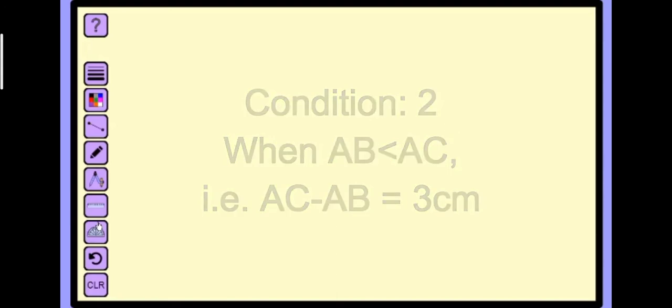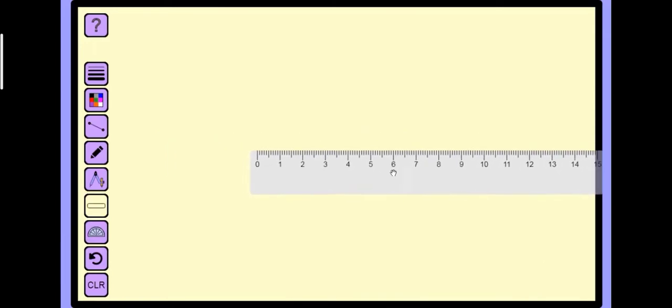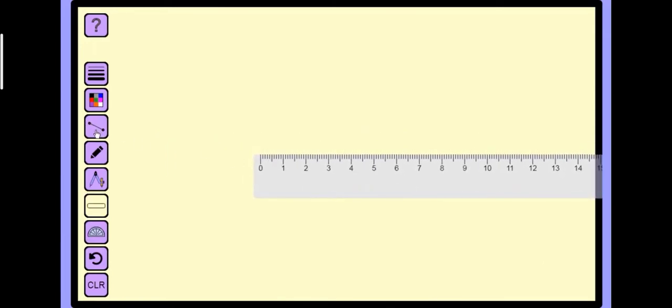Now the second condition is when AB is less than AC. In the first condition we saw AB is greater than AC. Now the difference between the remaining sides is still 3 centimeter, but here the other side is bigger. The steps are the same: firstly draw BC. Now listen, AC minus AB is 3 centimeter.